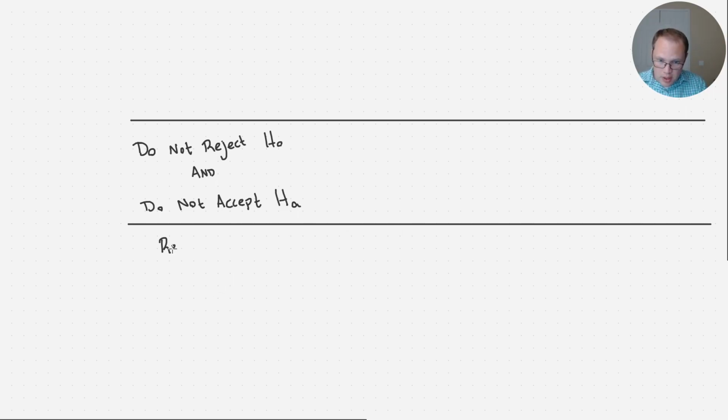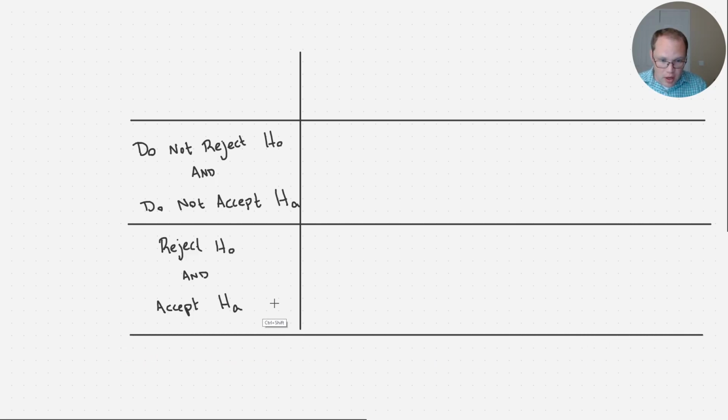So if we draw a sample and we have strong evidence, we would reject the null hypothesis and accept the alternative hypothesis. Okay? Now those are the things that we would do depending on the data that we draw. Depending on our sample data. But there's also an actual truth to the hypotheses, right?